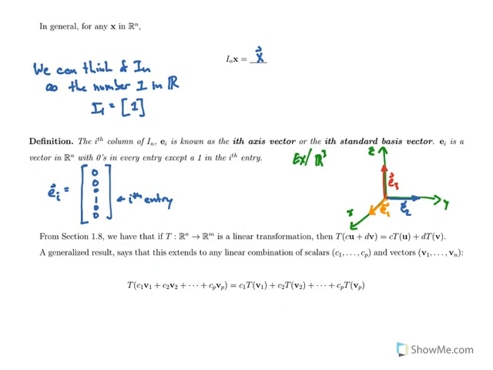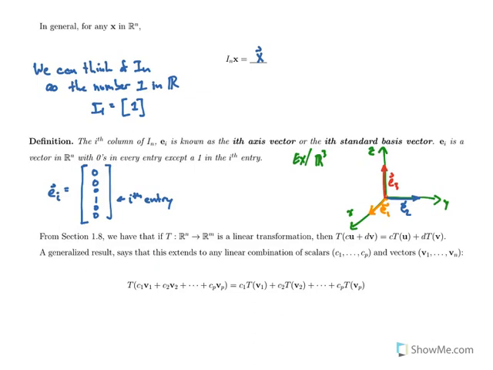T of c1v1 plus c2v2 all the way to cpvp would give c1 T of v1 plus c2 T of v2 all the way to cp T of vp. We can break up that linear combination and put the linear transformation across it.